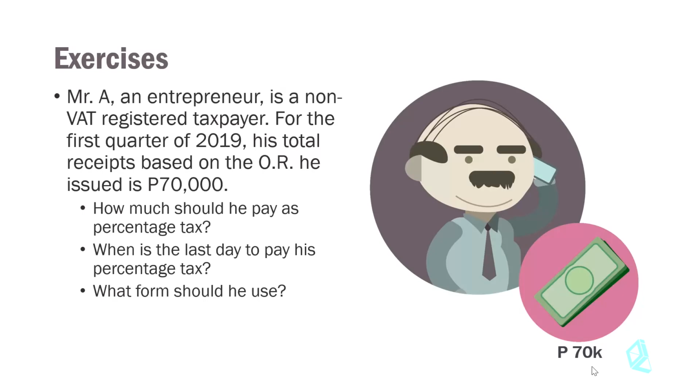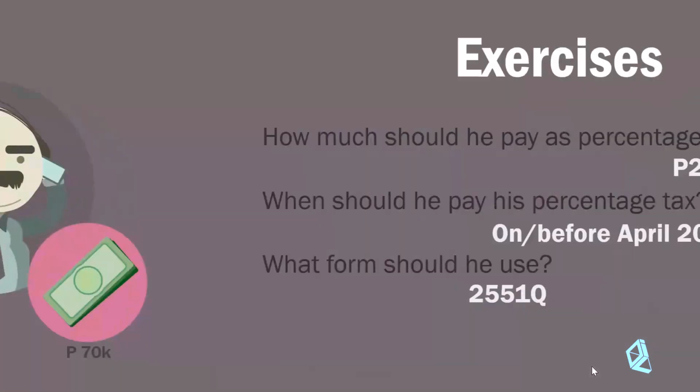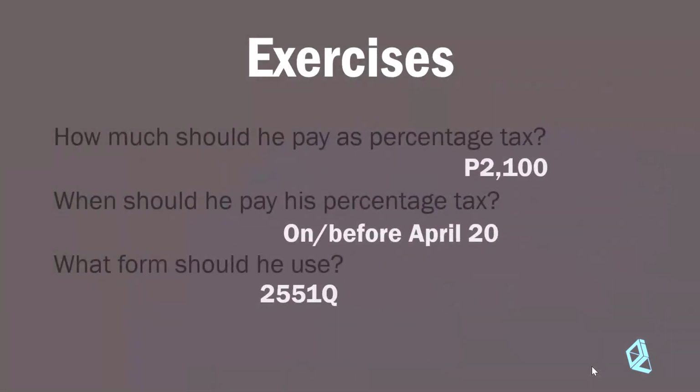All right, I hope you tried answering those questions. So let's try to compute for the percentage tax. So how much percentage tax should he pay? It's 2,100 pesos, which is 70,000 times 3%. When should he pay his percentage tax? On or before April 20.